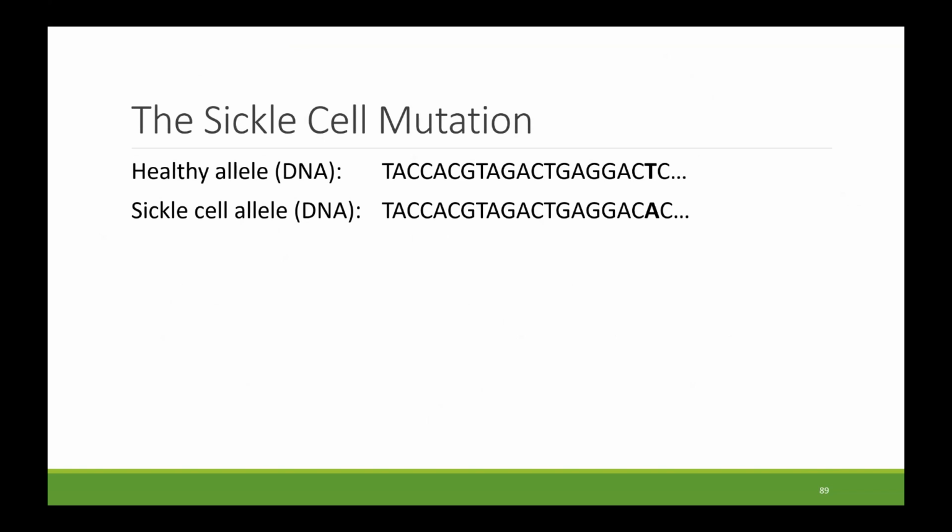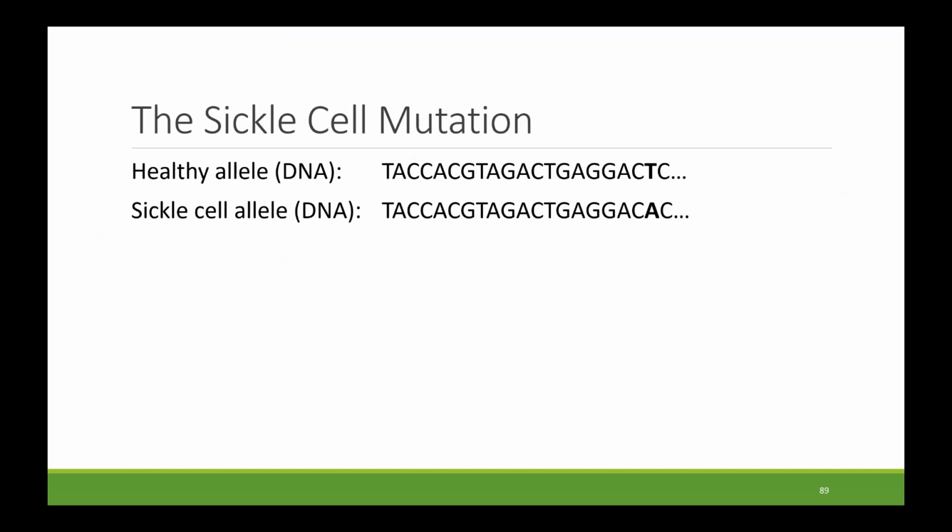You can see the T on the top and the A on the bottom. And I don't know about you, but even after all my years in biology education, it still strikes me as so crazy that changing just one letter can have such a big effect. But it's true. All it takes is one mutation like this to cause a genetic disease.